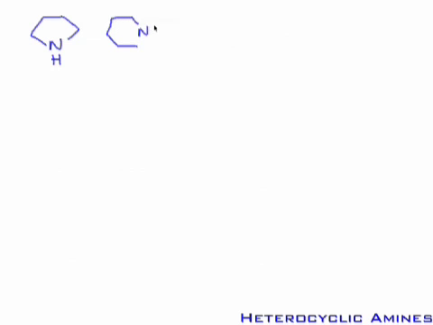We could have it in a 6-membered ring. We could have a 6-membered ring that has 2 nitrogens. Or we could have a heterocyclic 6-membered ring where one atom is oxygen and one atom's a nitrogen. All of these have amines in the rings, and they all have specialized names.